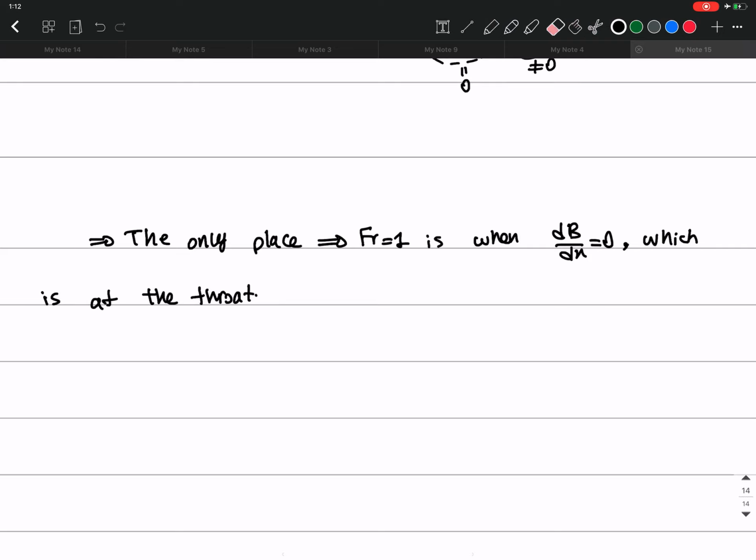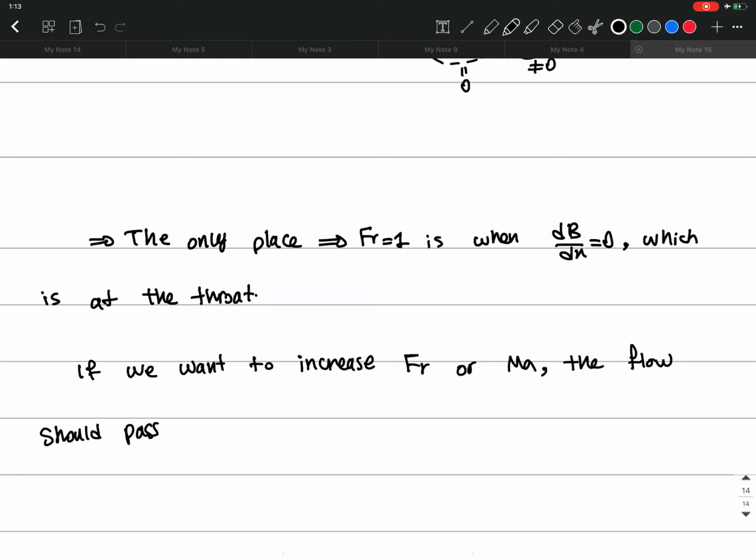Okay, so this is an interesting thing, because this is a very interesting phenomenon, because if we want to increase Froude number, or similarly Mach number, the flow should pass through the throat.